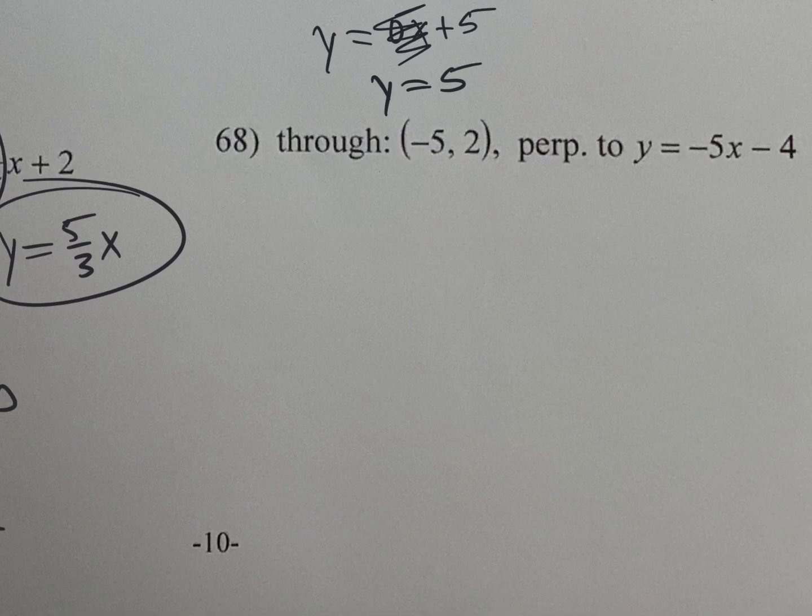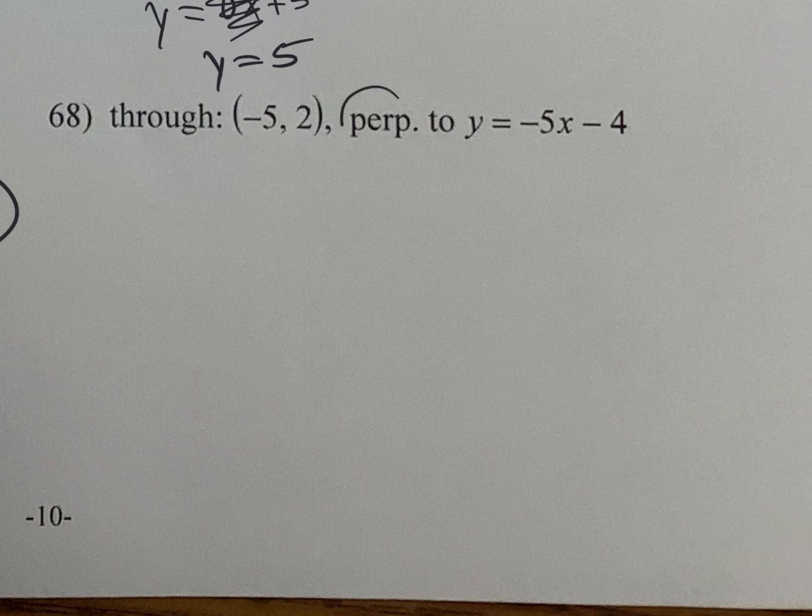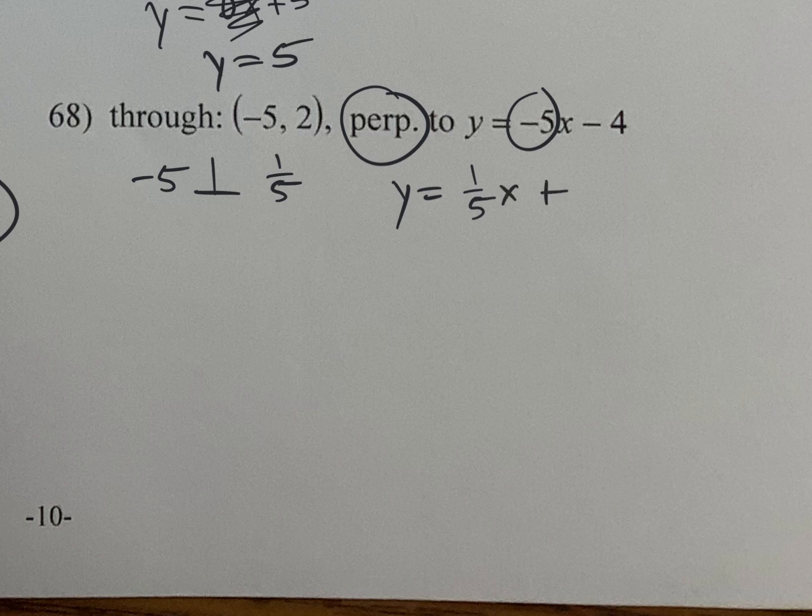All right. Oops. 68. Perpendicular. Everybody, what is the slope of the perpendicular line? 1 over 5. What do we do next? Substitute the values. Put them in the correct positions.